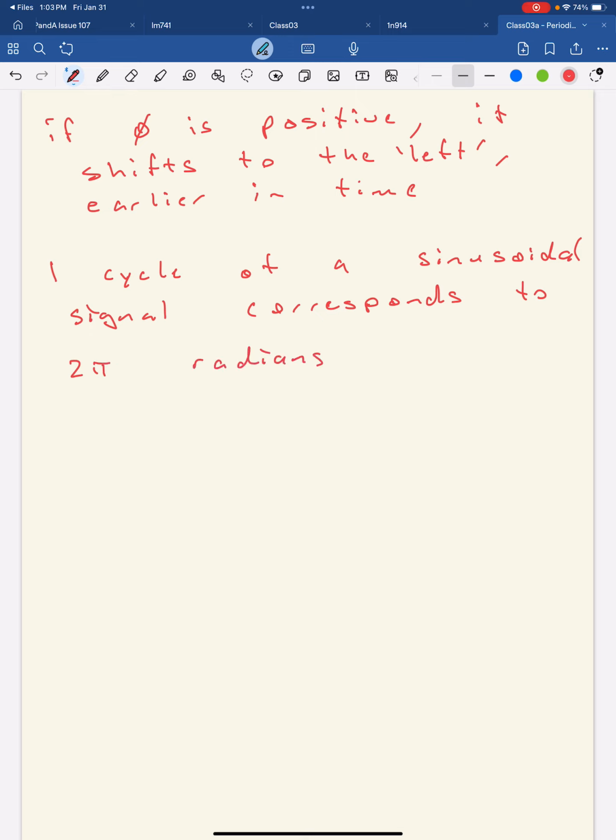We also know it is 1 period. In other words, 2 pi and a period go hand in hand. We can look at our phase shift, which I'm going to do in radians here, and then we can look at the delta t between the peaks.